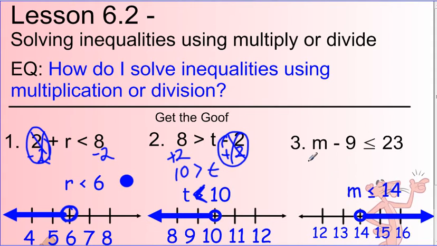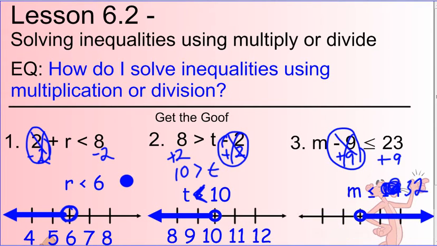Okay, and number 3, let's see, you would add 9 to get rid of a minus 9. m equals, well, 23 plus 9 is 32. And then m is less than or equal to 32. Well, first off, we would have the number line's wrong. So let's just get rid of him and do it properly.